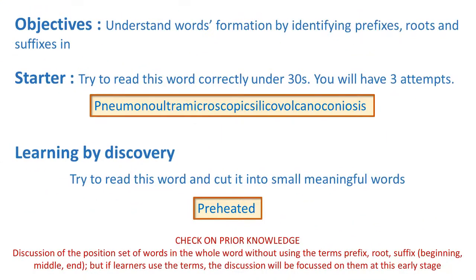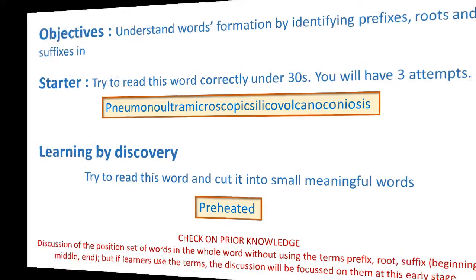The terms of prefix, root, and suffix will not be used, rather the beginning, middle, and end of words. However, if the child is aware of the topic's terms, i.e., suffix, prefix, root, we'll be using those terms in the discussion. Next, the child will do the main activity.